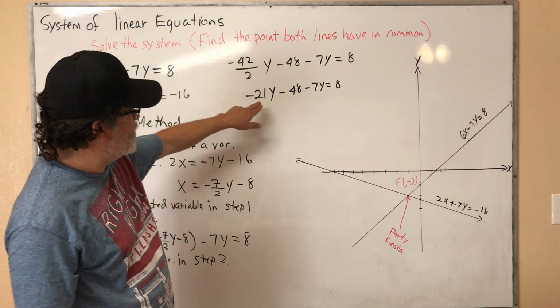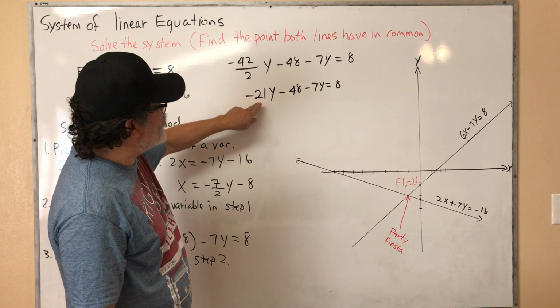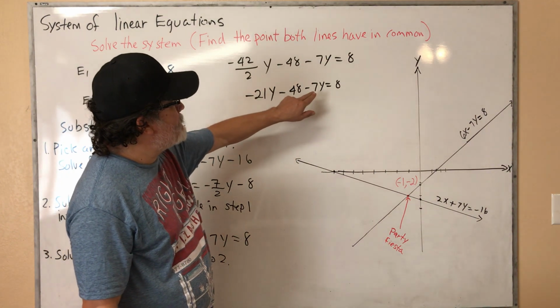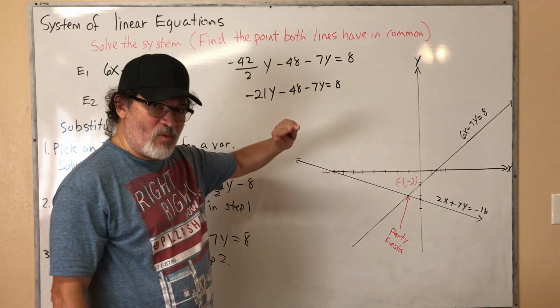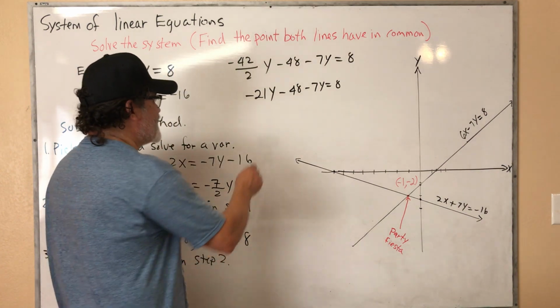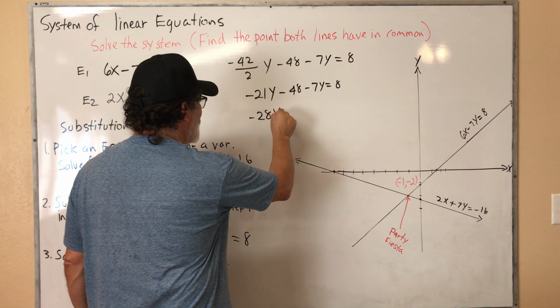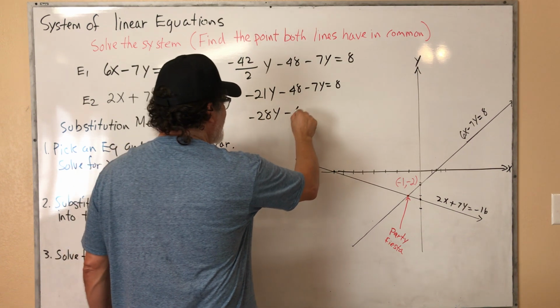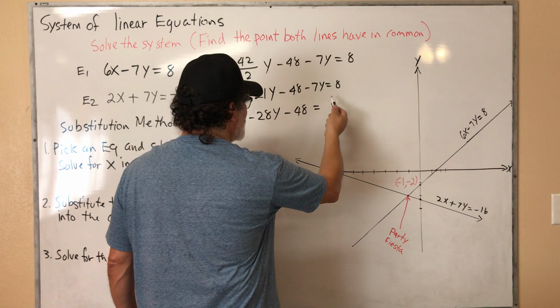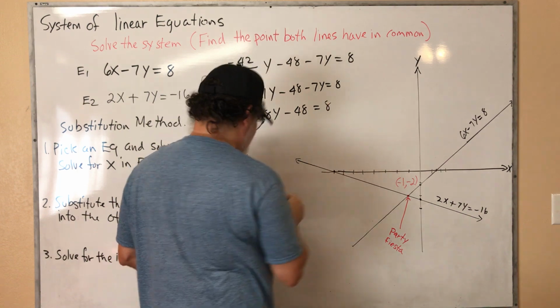Okay. What is negative 21y minus 7y? What is that? Negative 28y minus 48 equals 8.